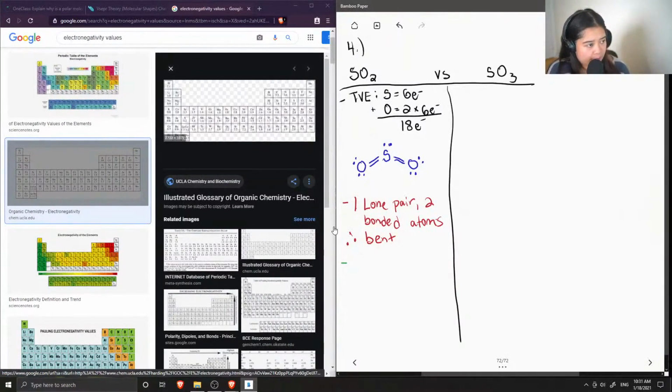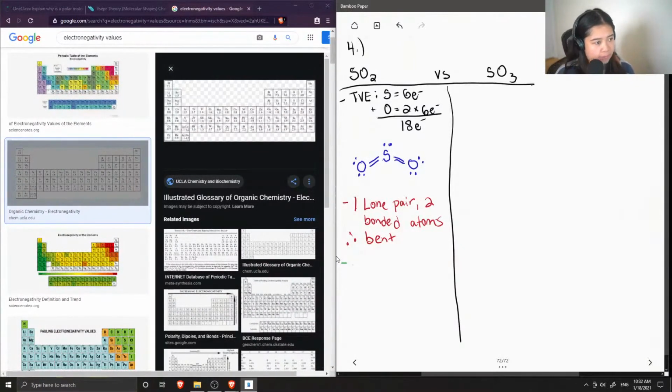So let's look at it. Sulfur has an electronegativity of 2.5 and oxygen's is 3.5. So let's put 3.5 minus 2.5. So the electronegativity difference is 1.